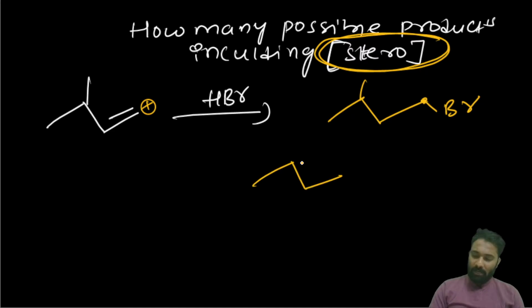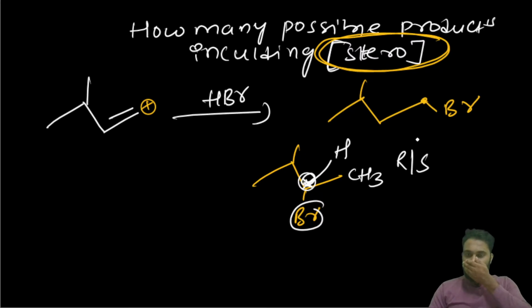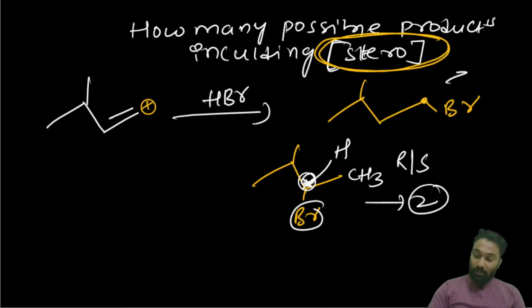When we get the carbocation here, now here the Br will be added. Then when the Br is added, here this is a chiral carbon, here is hydrogen, this is CH3, and here it is a Br and here it is some isopropyl group. Clear? This is a chiral carbon. If it is a chiral carbon, it will give you 2 products, R and S, the enantiomers. So here this will give 2. Now here it is 1.